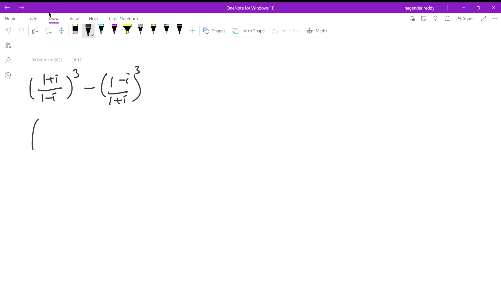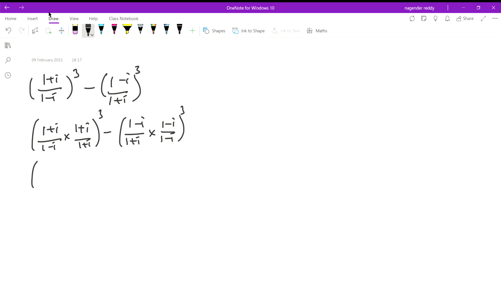That is 1 plus i by 1 minus i into 1 plus i by 1 plus i, because the conjugate of 1 minus i is 1 plus i, whole cube, minus 1 minus i by 1 plus i into 1 minus i by 1 minus i, whole cube. Now just expand this: 1 plus i whole square.